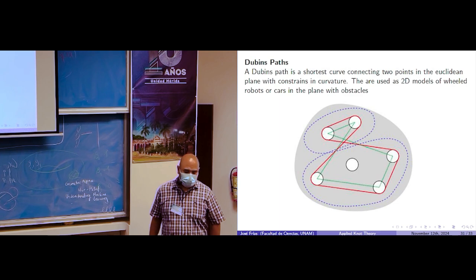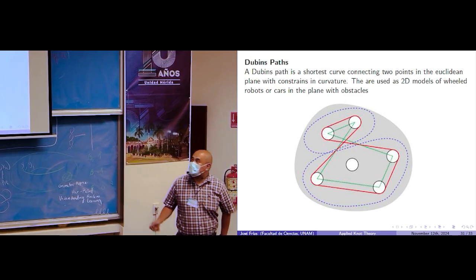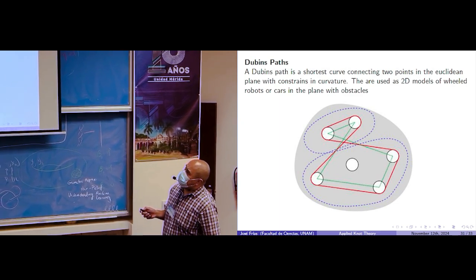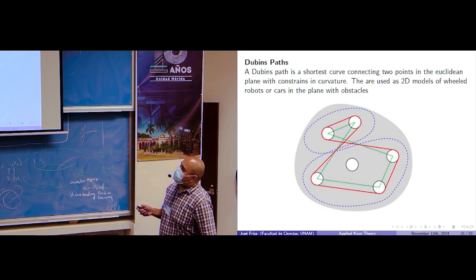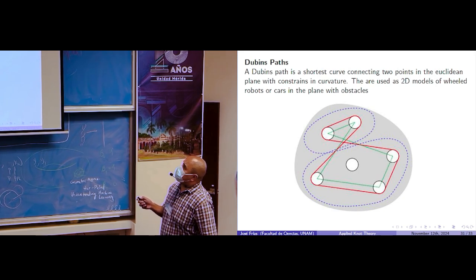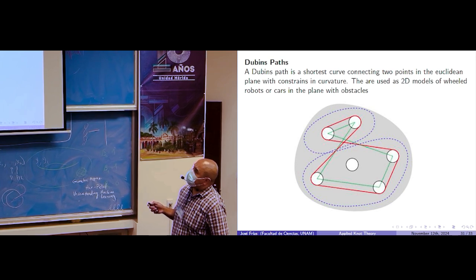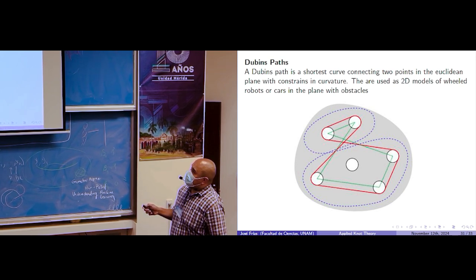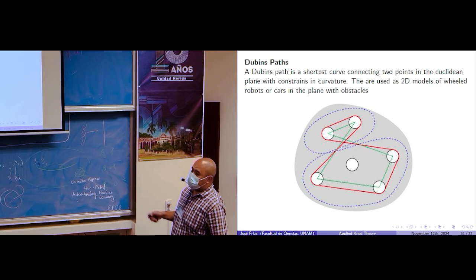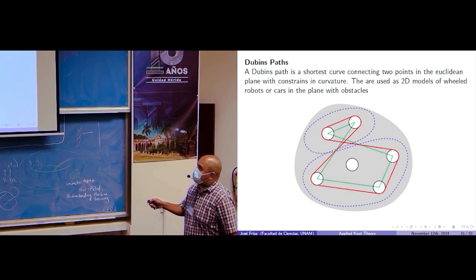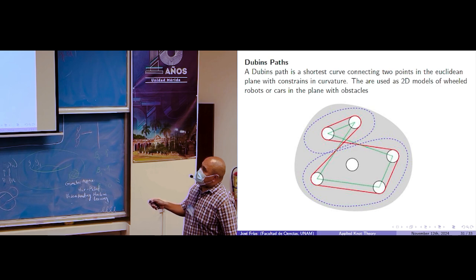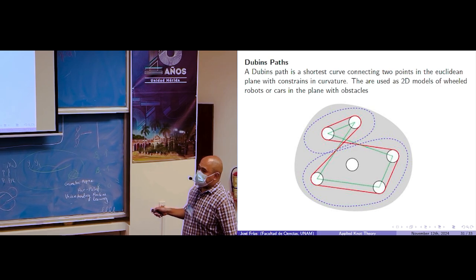Okay, but we are talking about applications, and I found this Dubins path. Yeah, Dubins path is a shortest curve connecting 2 points in the Euclidean plane with constraints in curvature. So, for instance, take the plane, take some disks, and remove them. So you are wondering about minimal length curves in this space. So what's this?